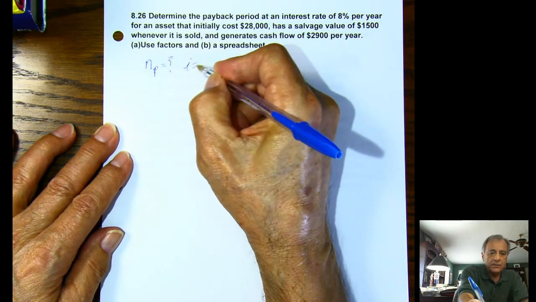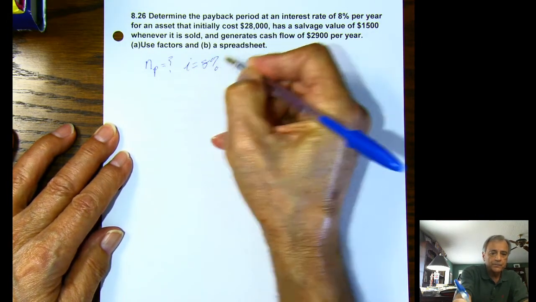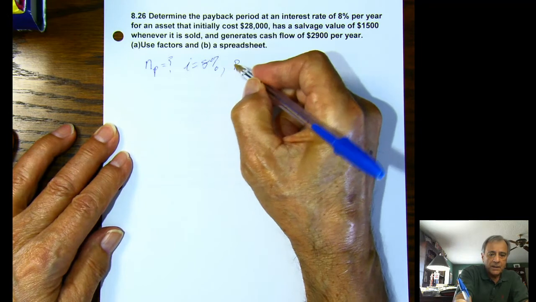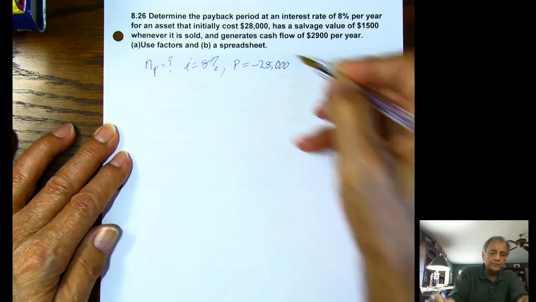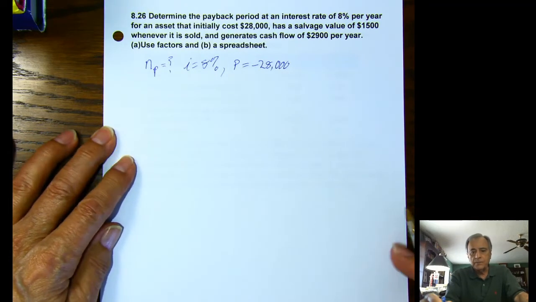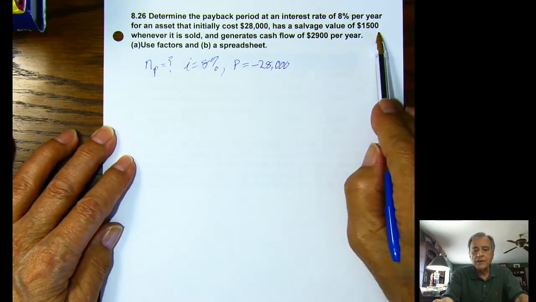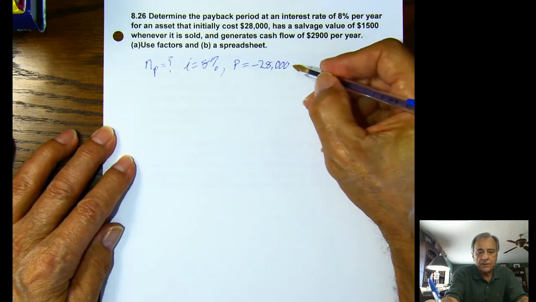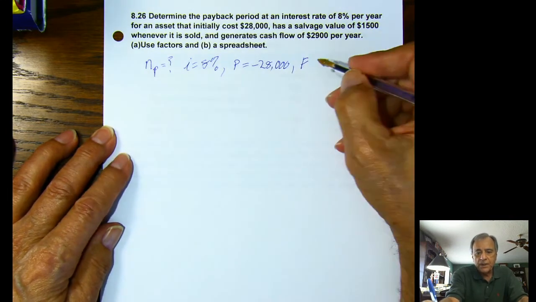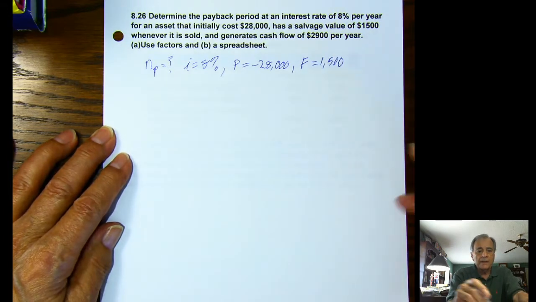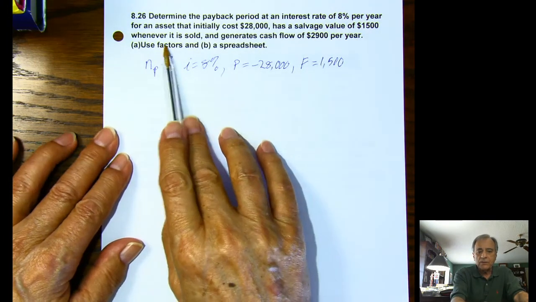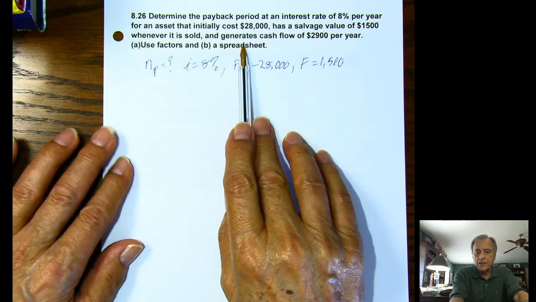I is equal to 8%, and P is equal to minus 28,000. It has a salvage value of $1,500, so that'll be an F equals $1,500.